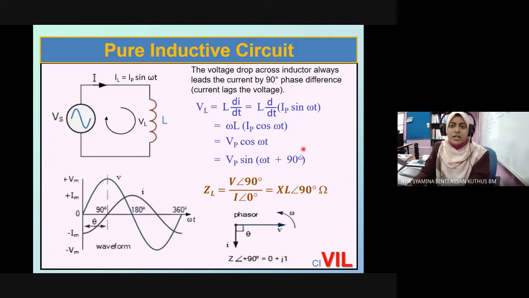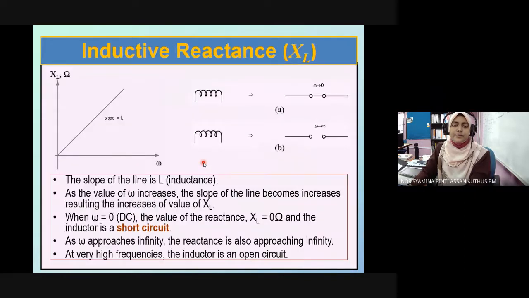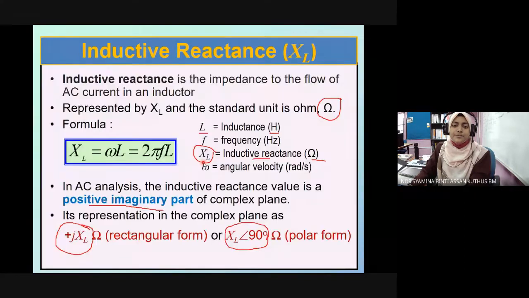Okay, you don't even need to remember all of this. You just need to know ZL for a pure inductive circuit. In any pure inductive circuit, this is the complex resistance, the positive imaginary part. So V over I is equal to XL. So what is the formula to find XL other than XL equals omega L?